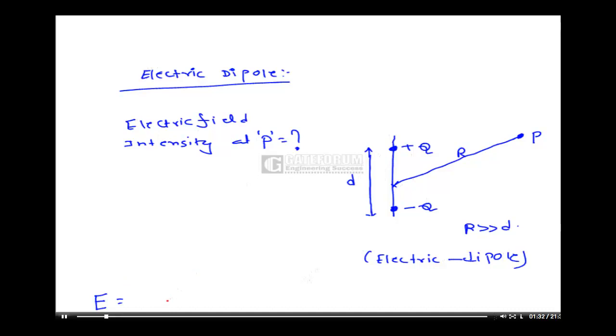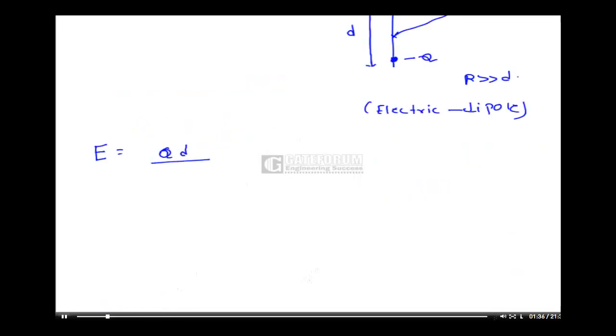If you calculate, you will get E is equal to Q d by 4 pi epsilon naught R cube into (2 cos theta a_r plus sin theta a_theta). So this is the electric field intensity due to a dipole.